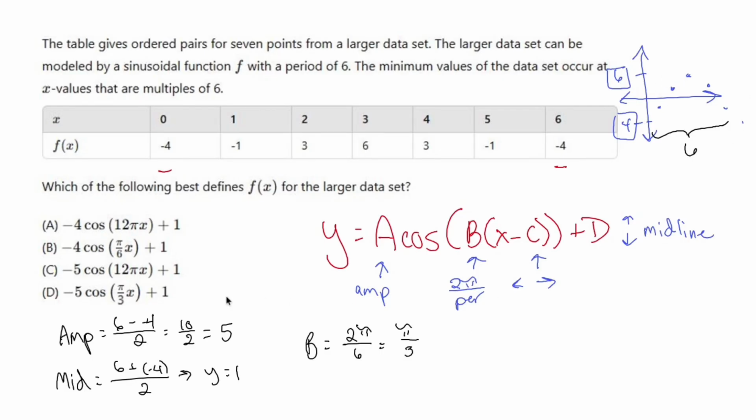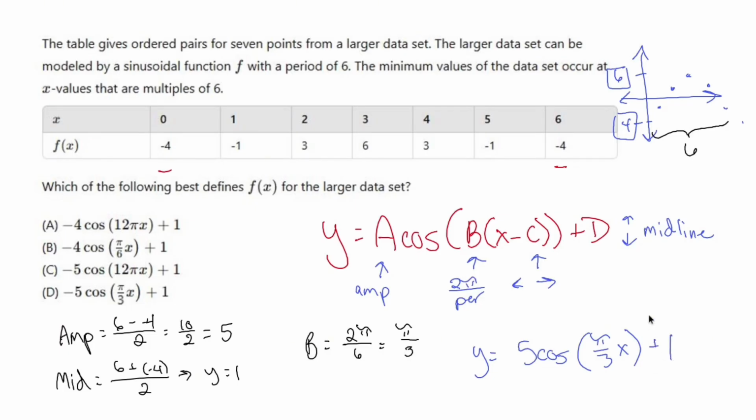I'm not moving left or right. So to build this equation, we have y equals the amplitude, which is 5, then cosine, by the way, I know that I'm not doing this completely correct. Give me a minute. Cosine of b, which is pi over 3, x minus 0, so just x, plus 1.